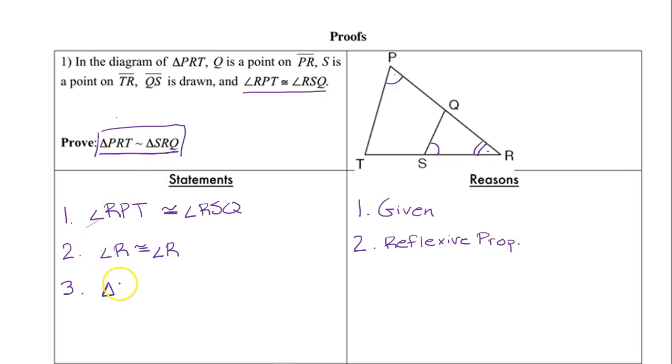Now, the reason we know this is because of the angle-angle similarity postulate, but you only need to write AA, and that's it.